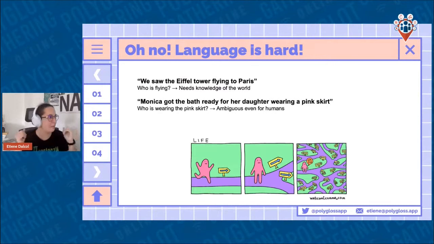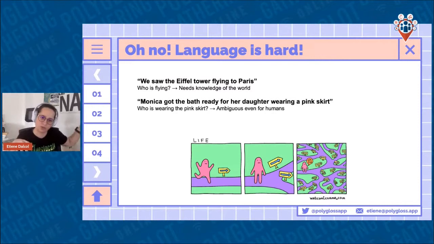If a human doesn't understand the language, how can computers do that? For example, if I say, Monica got the bath ready for her daughter wearing a pink skirt, and I ask, who is wearing the pink skirt? It turns out that people don't agree on the correct answer for this. This is actually highly influenced by the native language. In some languages, people prefer attaching it to the last reference mentioned.